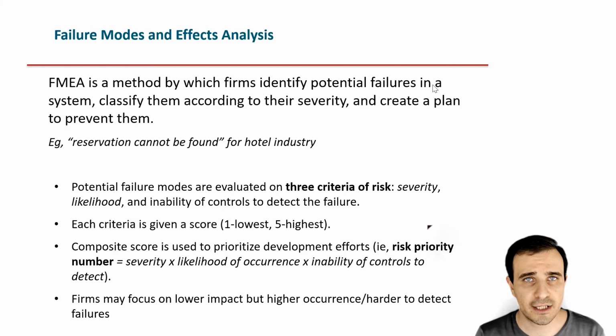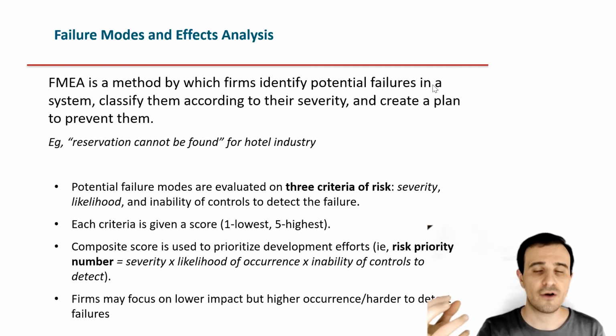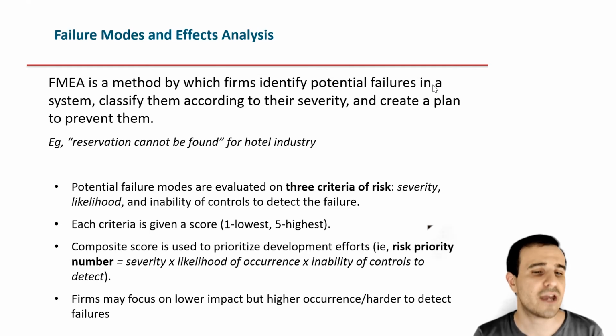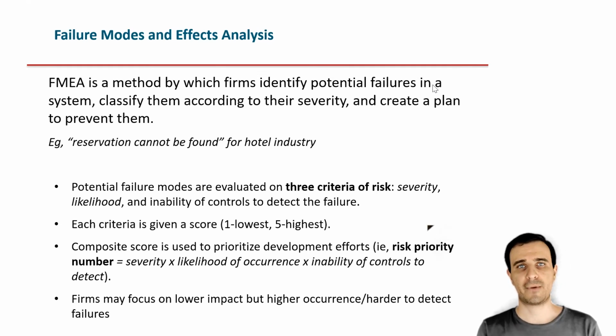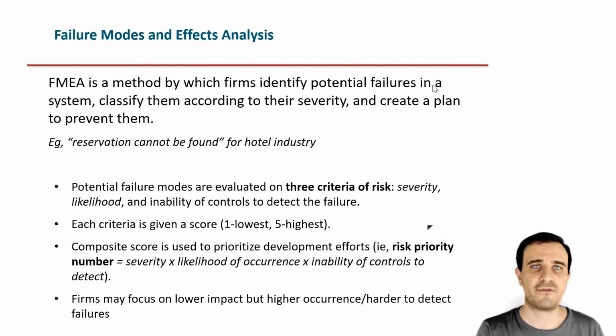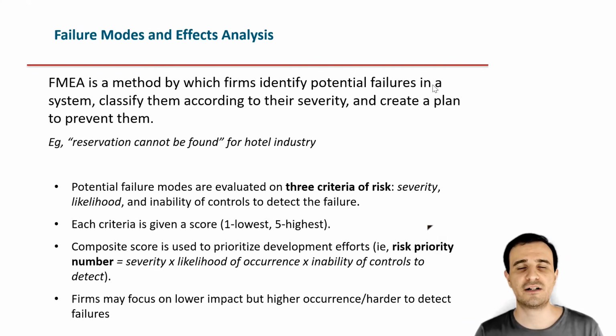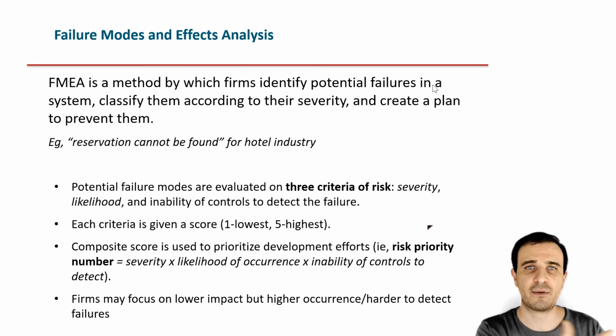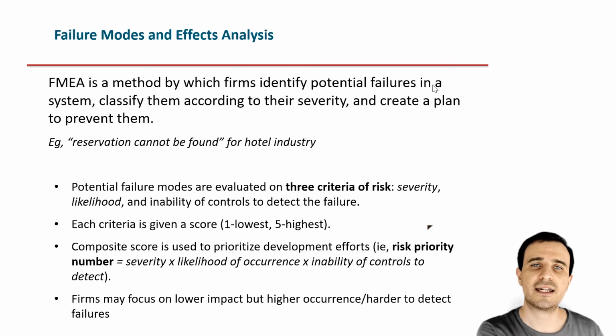In the hotel industry, for example, one of the potential failures could be that the reservation cannot be found. Imagine a family walking into the majestic lobby of a Mandarin Oriental. They paid $1,000 a night.